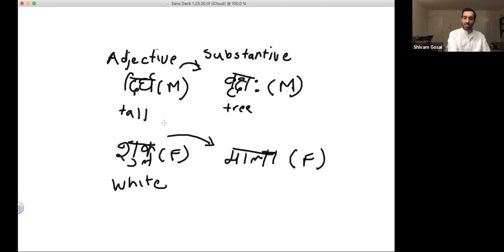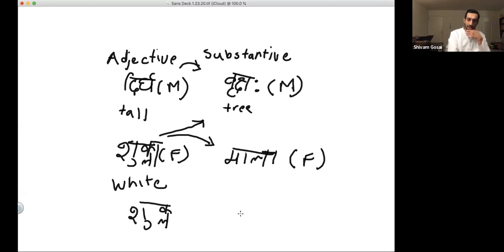But we can mix this up. Let's say that I say Shukla Vrikshaha. If I say white tree, so sorry, this should be Shukla Vrikshaha. Now this Shukla, this is the Pratipadika.